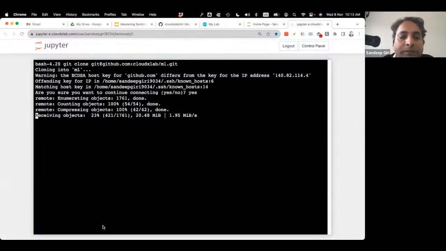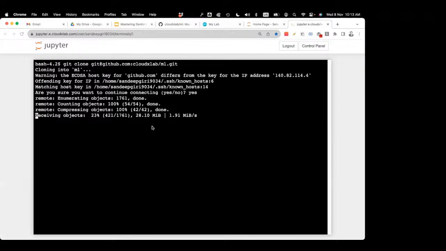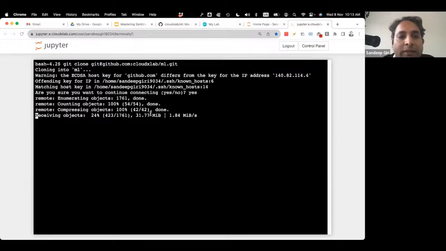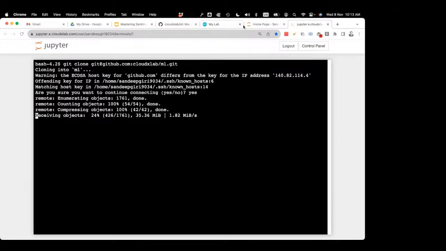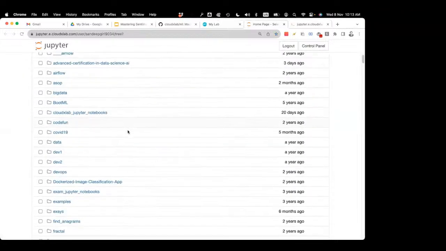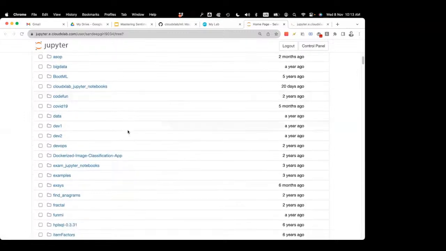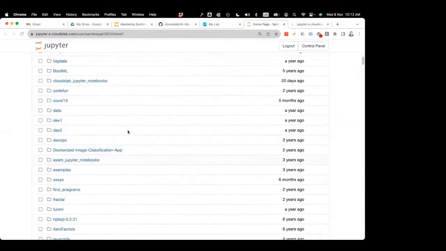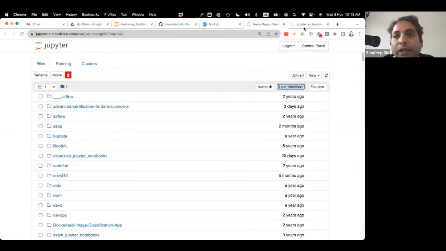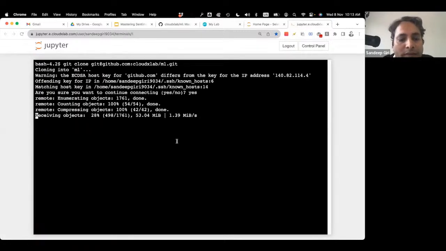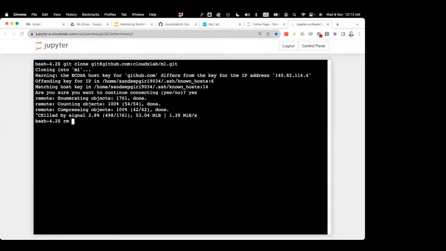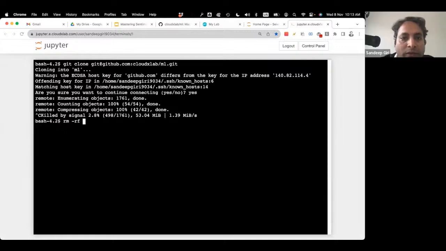Shubh, are you around? So you have added the OpenAI key in this? Yeah, I've added. I've also added the notebook, so if you sort it by last modified, you will be able to see it. Okay. Well, I don't have to clone it, right? I'll just remove this one.